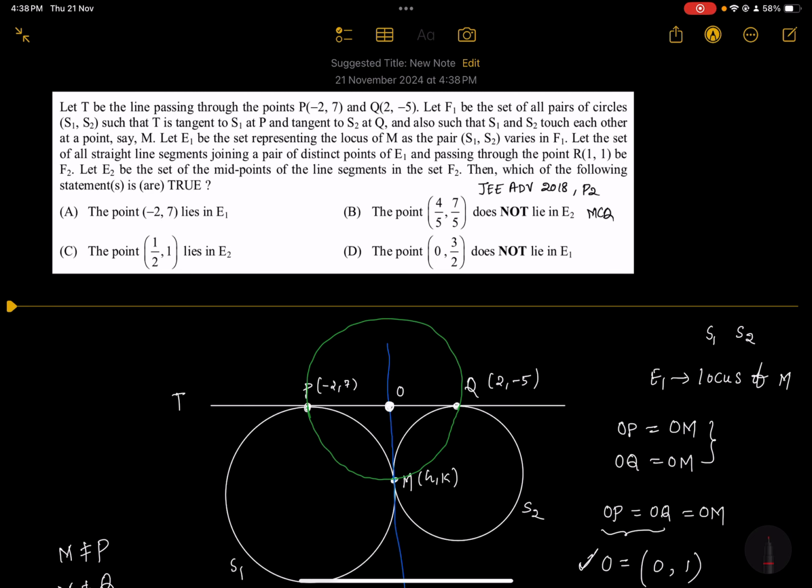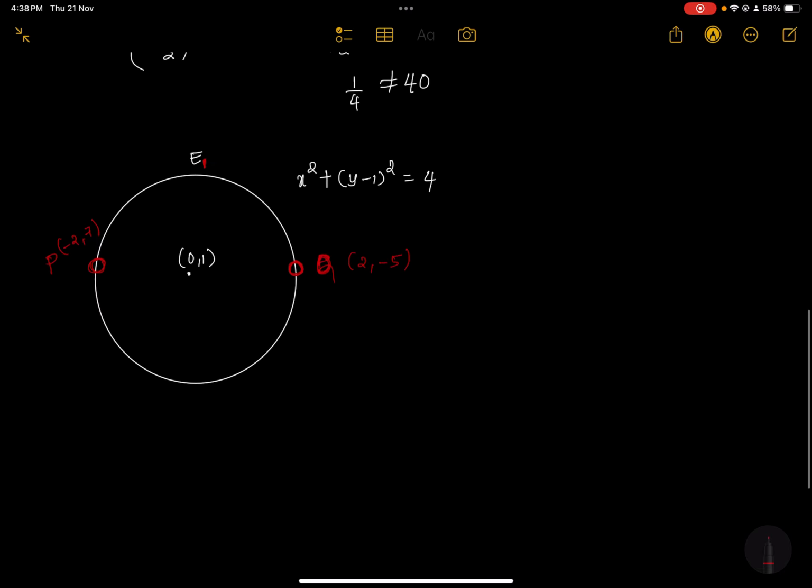Line segments passing through R and 2 distinct points on the circle. Let us say there is a point R. This is O. R is (1, 1). So OR will be 1, but the radius is root 40. So OR is less than the radius. So R lies inside the circle.